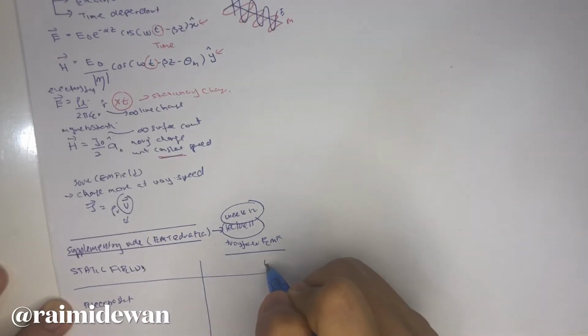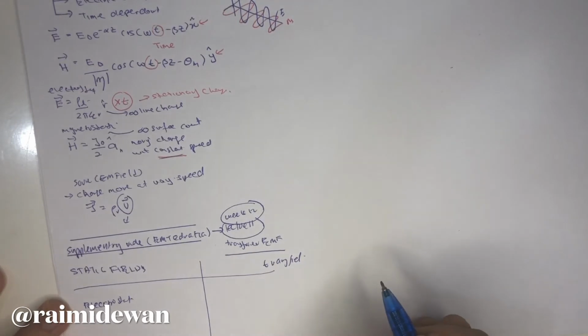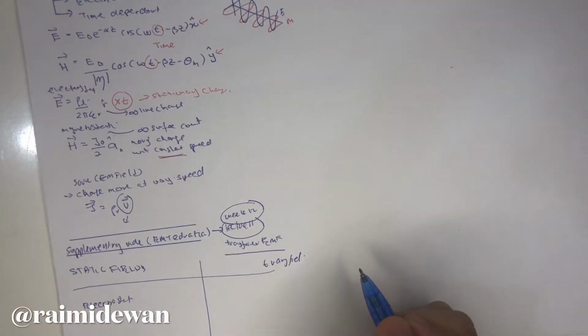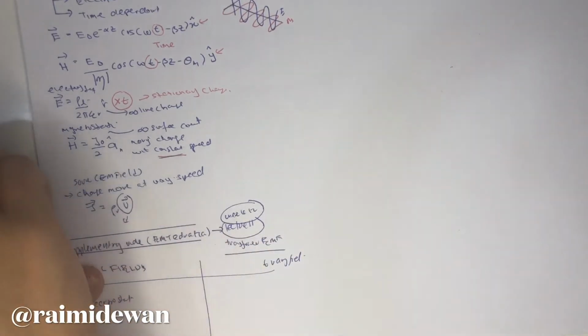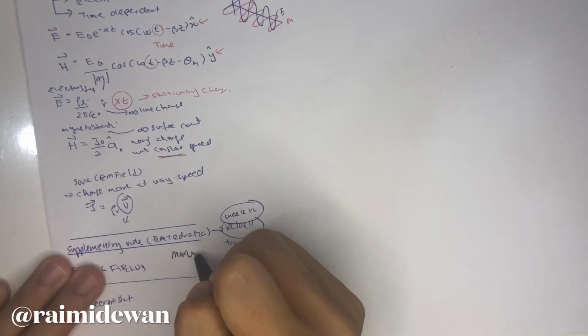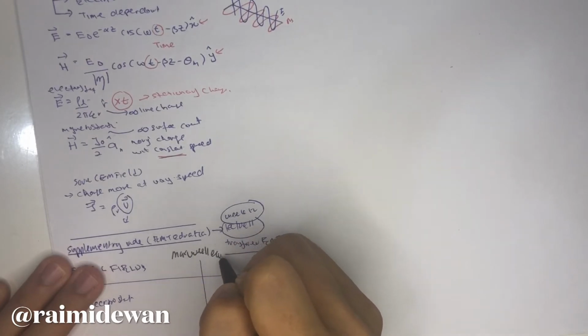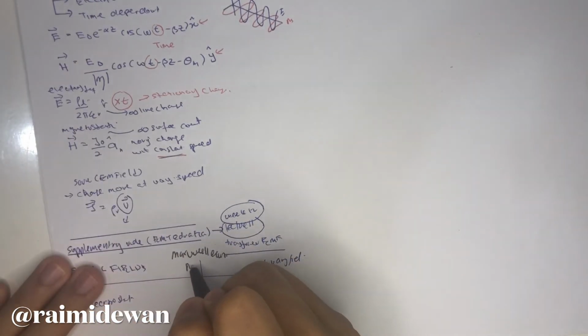And this one is your time variant or time dependent field, time varying field or time dependent field. So in this case, this is actually the Maxwell equations, in point form.